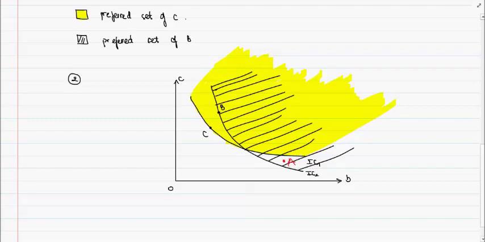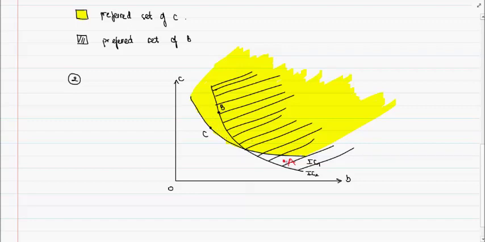As I said before, in order for such a bundle to exist, the only way is for the two indifferent curves to cut each other. And this is the case where our transitivity property doesn't hold.